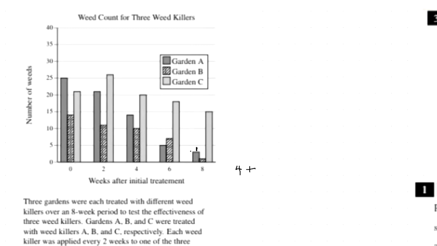So we can say it's 1. Then plus this one, which is 15. So you have 4 plus 1 plus 15, which is obviously 20. And then that's our numerator.